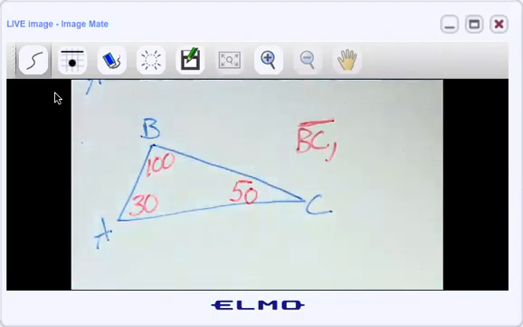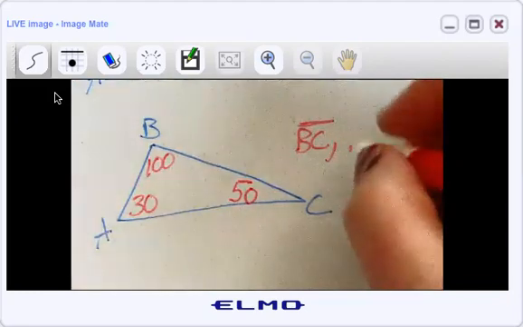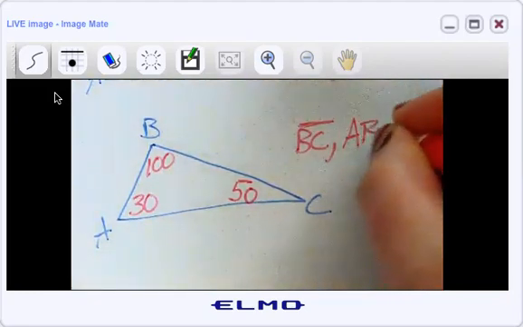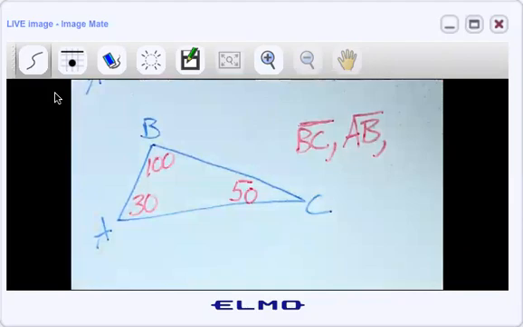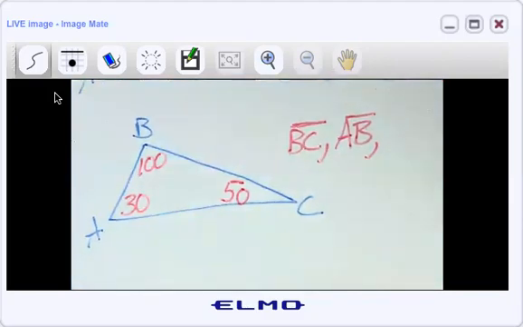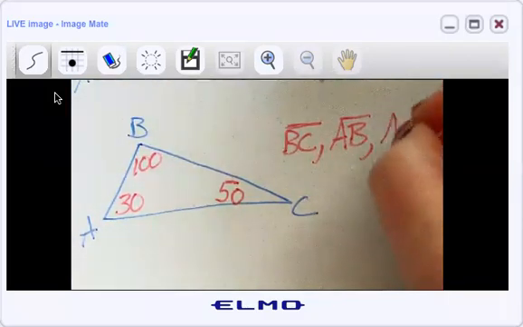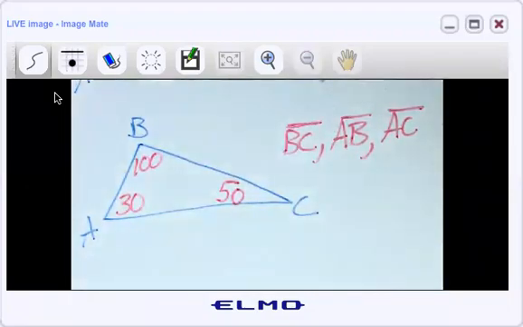AB. Yes, AB, because it's across from the next biggest angle. And then, of course, that leaves our biggest side to be AC across from the biggest angle. The only one that's left.